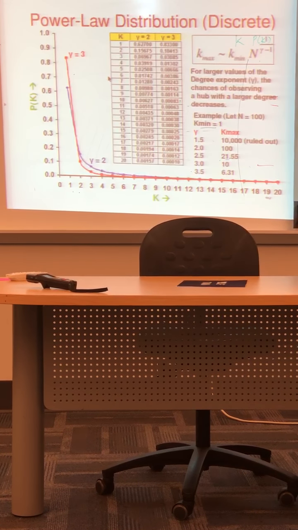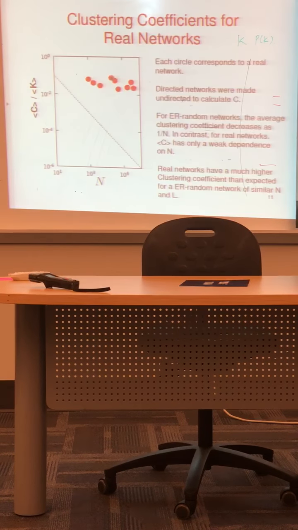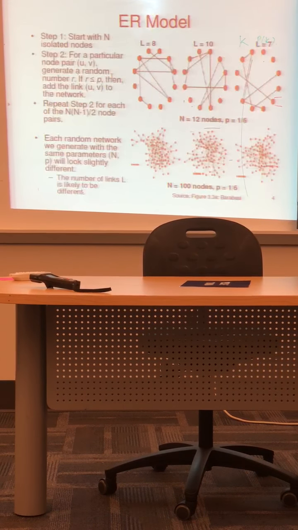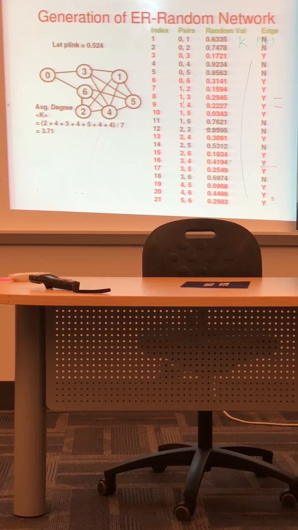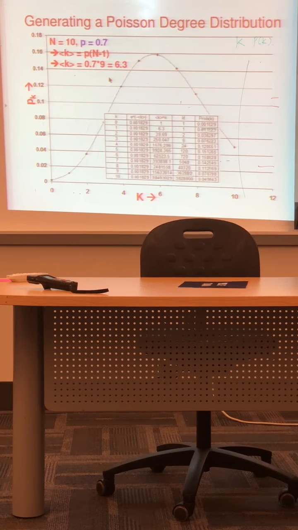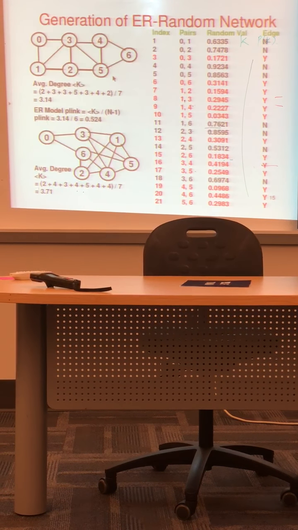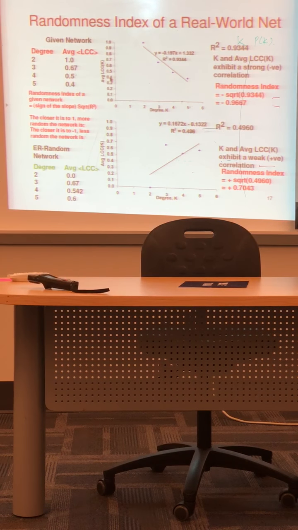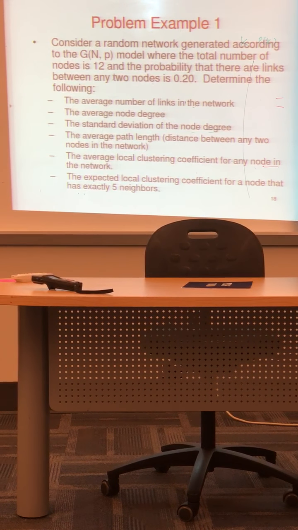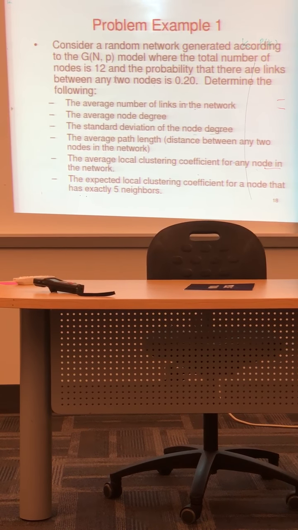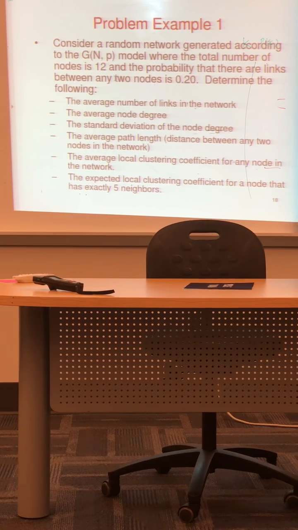So for a random network, what is the clustering coefficient of any vertex or node? Same as P-link. It doesn't matter how many neighbors a node has.